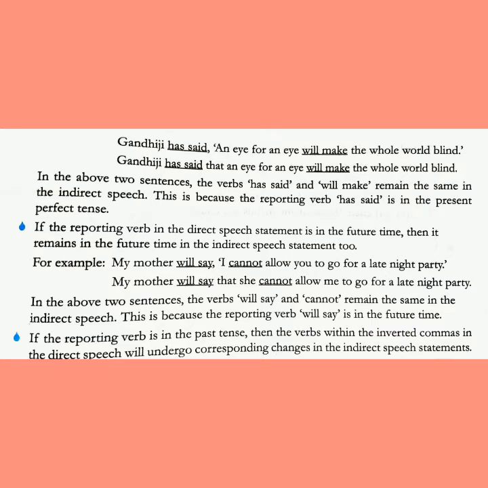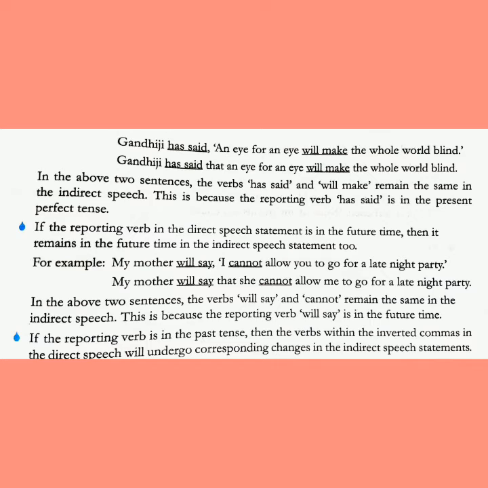This is direct speech. And when we change this into indirect speech: My mother will say that she cannot allow me to go for a late night party. Here also, will say and cannot will not change. Why? This is because the reporting verb will say is in the future tense.